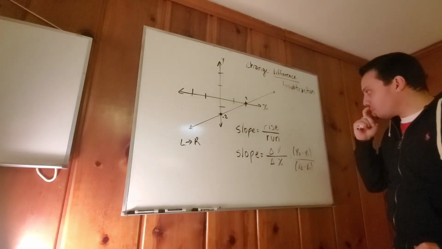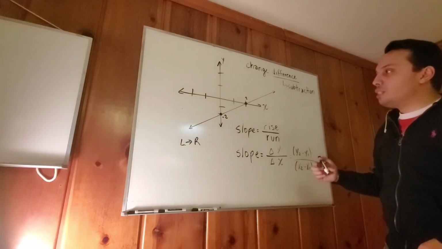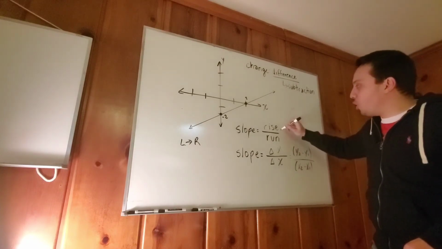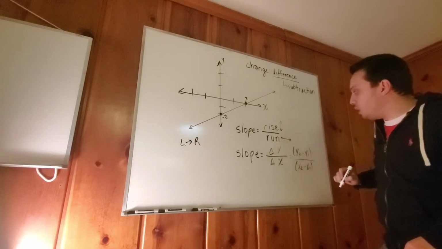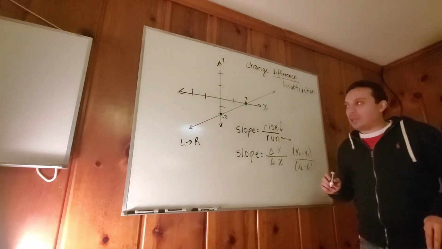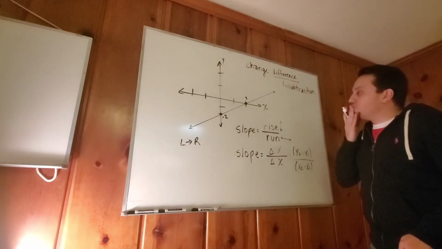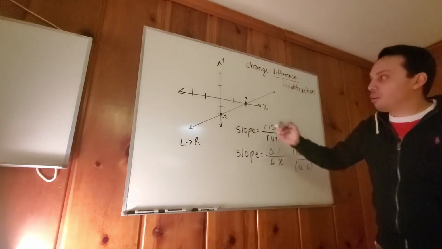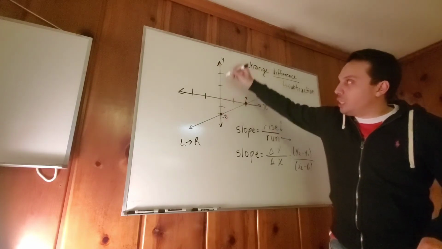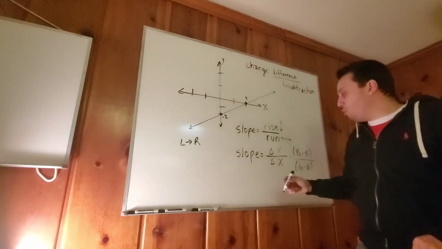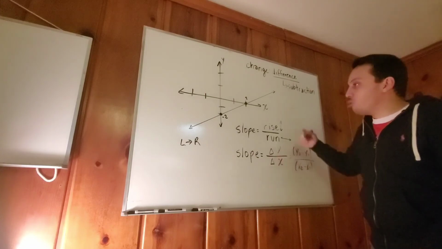So, rise over run. What they're trying to tell you is how much did it go up or down over how much it went right or left. Okay? So, the rise. In here, from -2, it just went in the y. How much did it move by? Okay, so they changed the difference.